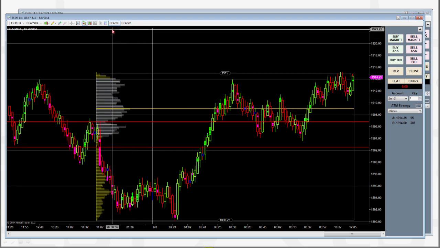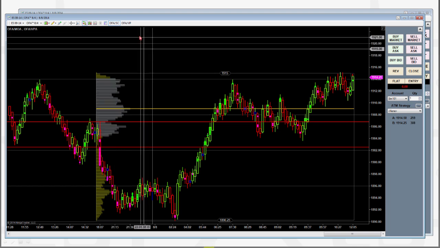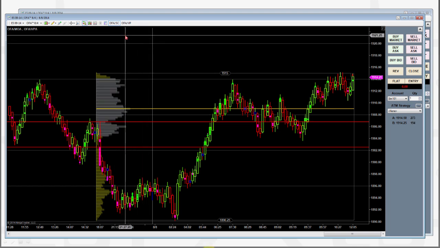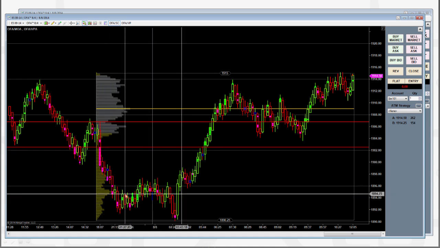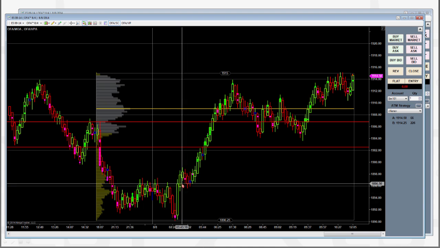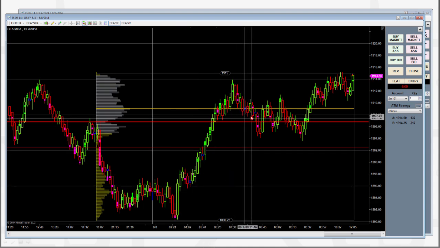Let's say we get another extension to the upside and price closes up here above the 17 level, up around 20, 21, or 23. What I want you to do is look at this and say, you know, initial move, here's our open right here.